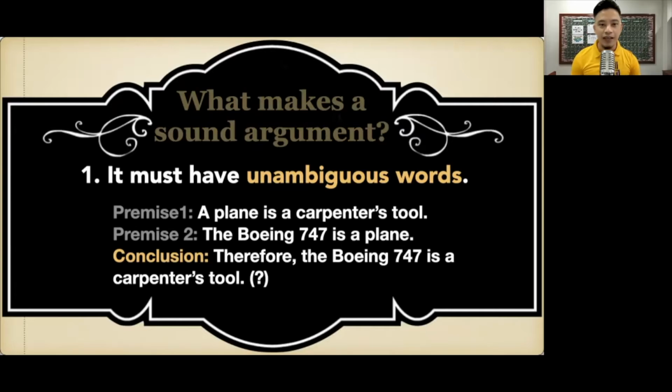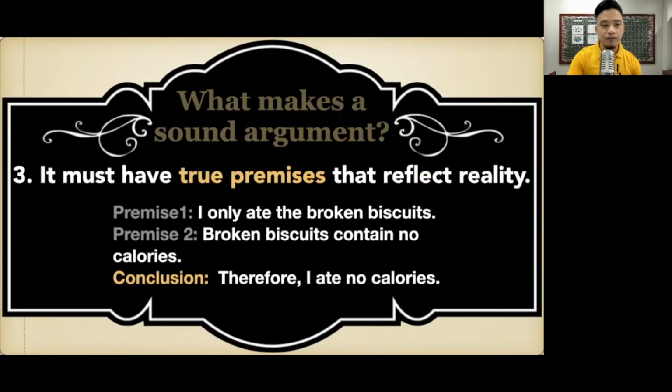Therefore, your argument cannot stand because your words are ambiguous. So in order to have a sound argument, you must use unambiguous words, very clear, very precise, referring only to one thing.